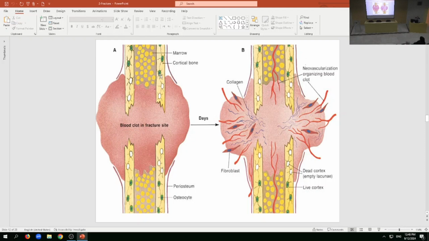Without them this osteocyte cannot live. And at the fracture end, you find that they are empty because they are dead. So you have a cortical bone, part of it alive, the other part dead. This is the bone marrow with fat. This is all the blood clot.